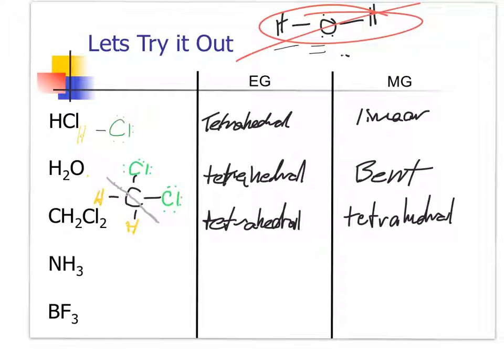The next one we have is ammonia. And we have my N. I'm going to put my non-bonding pairs on top because I know I have to put my hydrogen here. Now I have a tendency of drawing these according to the actual shape that their molecular shapes are going to look like. That's just out of habit.